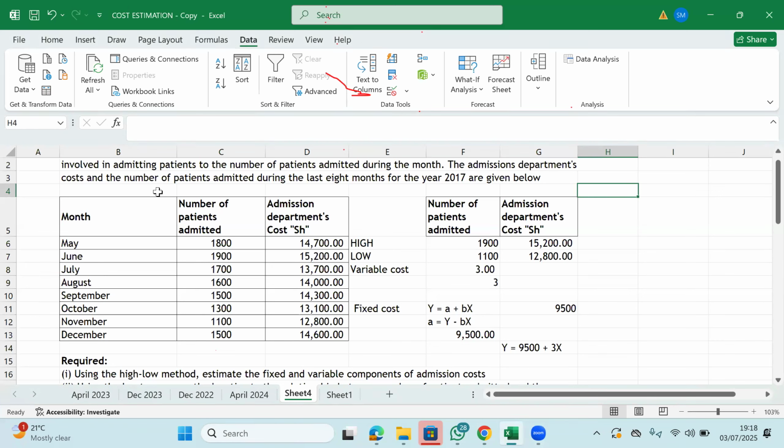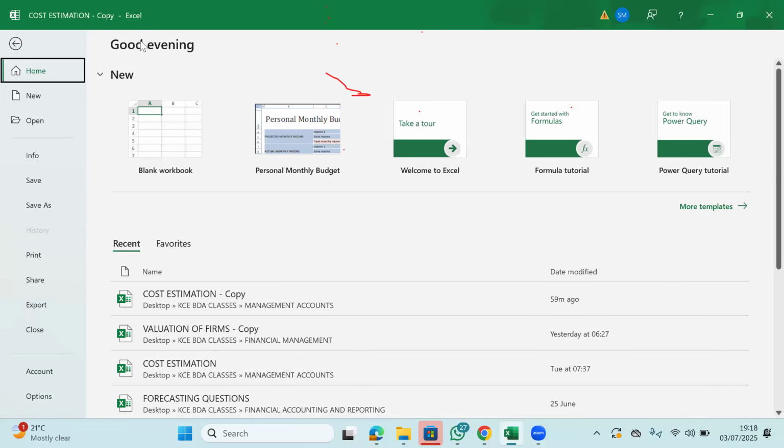So please be careful and attentive. Click on file; it's at the tail end. After you've clicked on file, you have this window appearing.